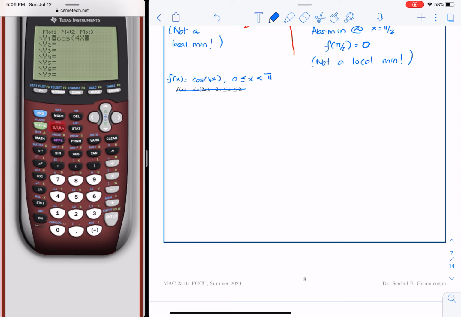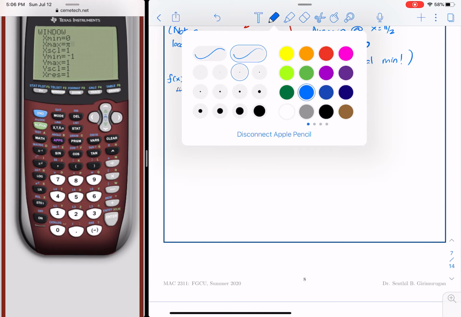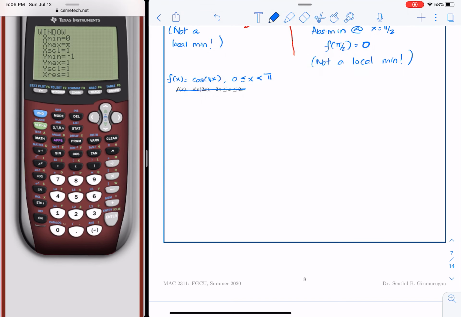Cosine 4x, and adjust the window 0 to pi, and the domain here, 0 is included, pi is not, and let's graph it. And that's what we get.